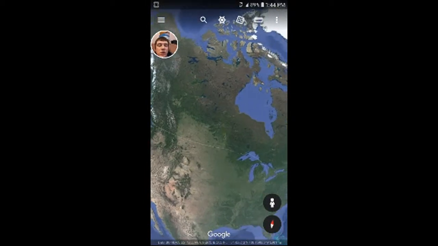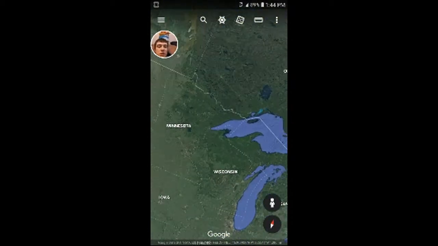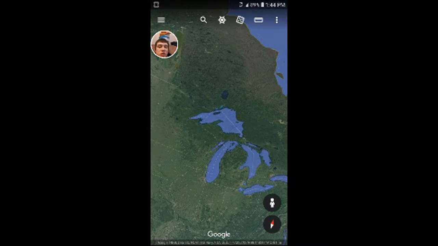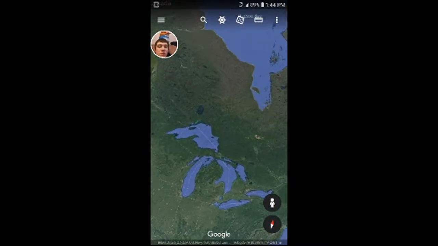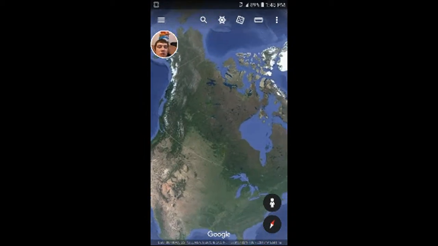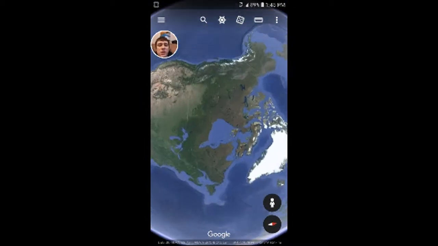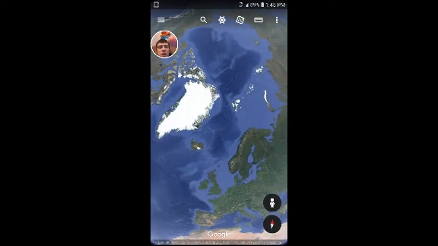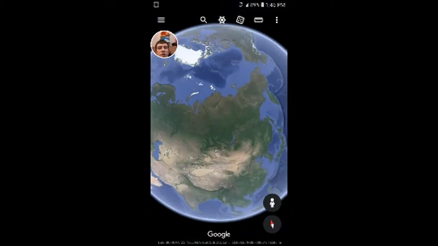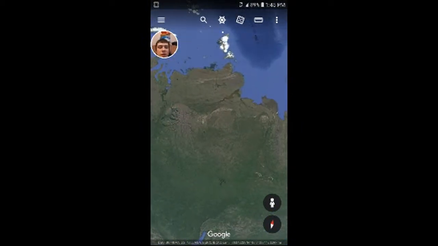It goes as far as Minnesota and Wisconsin and a bit of Michigan, right? And you'd think that this kind of damage would be prevalent and very noticeable on the other side of the planet, right? In Russia. But it's not really.